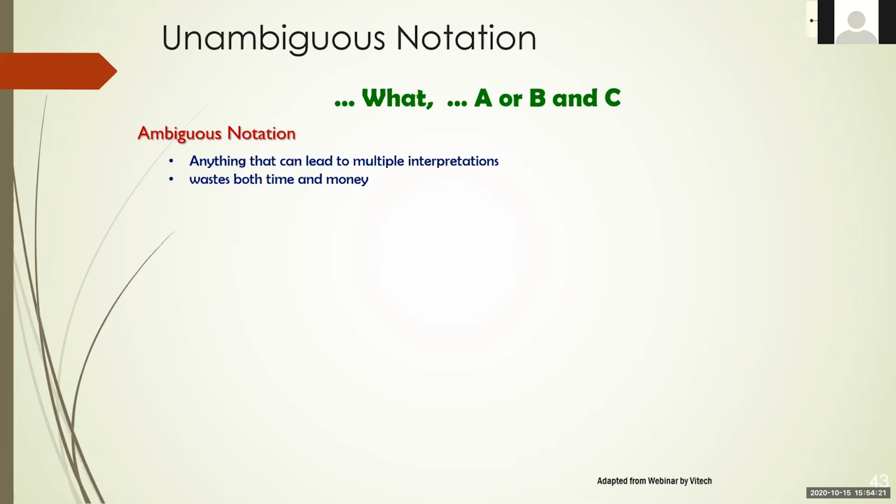So I'm asking if you can read that. Very good. Thank you very much. Yeah, that's the other possible interpretation. So we'll say, no, no, no, what we meant was A or B and C.